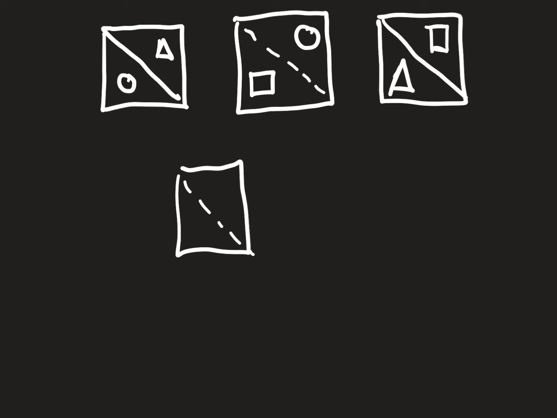Now we need to look at these shapes. Here we have a circle, triangle, and then square. Looking at the whole thing, I have circle, triangle, square, circle, triangle, square. So on the bottom I'm going to go circle, triangle.